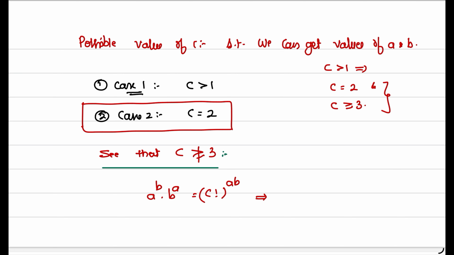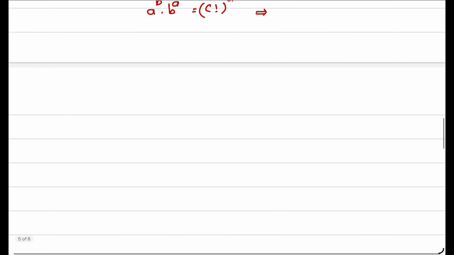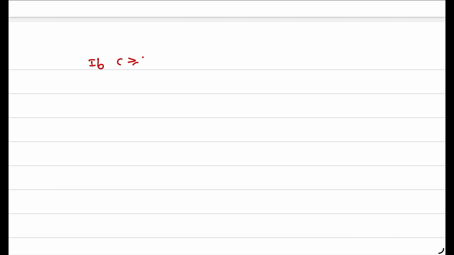This implies, if c is greater than or equal to 3, let us say c is equal to 3, that implies a to the power of b into b to the power of a is equal to factorial 3 to the power of ab.